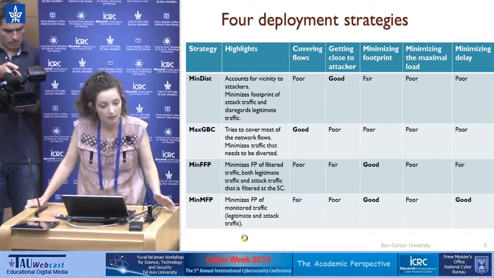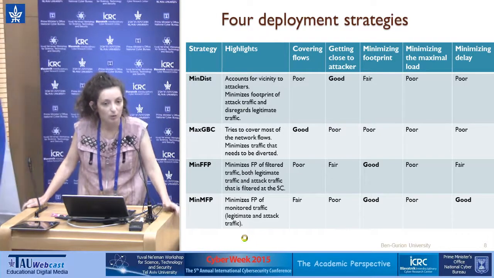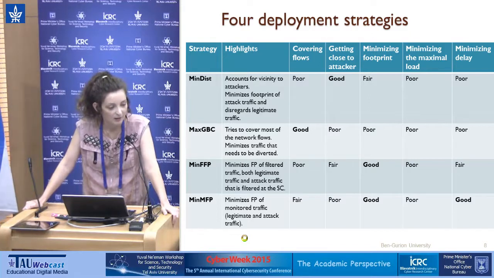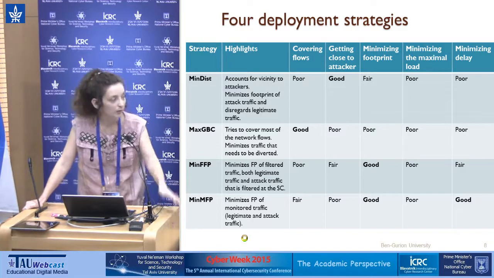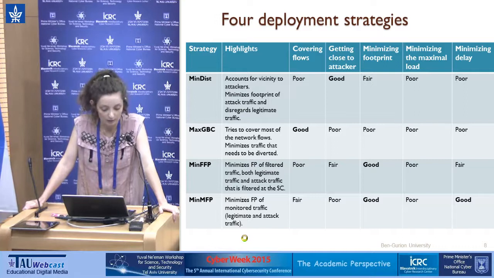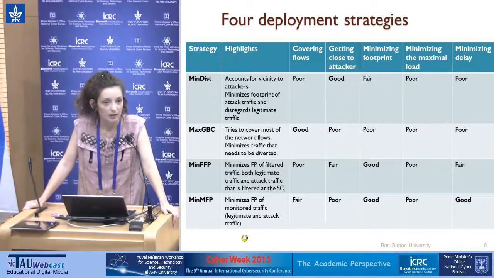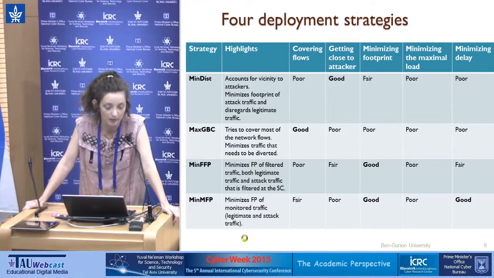MinFFP has two orthogonal forces applied on the location of a scrubbing center. First, the scrubbing centers are pulled towards the shortest path, and the second force pulls the scrubbing centers towards the attack sources.